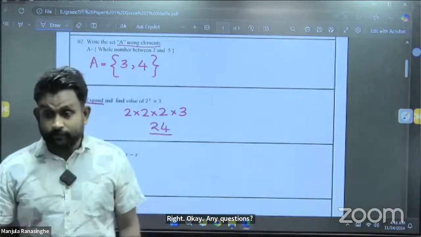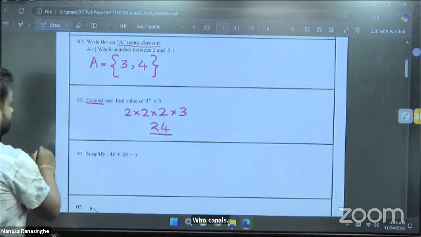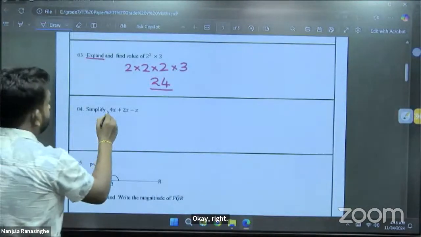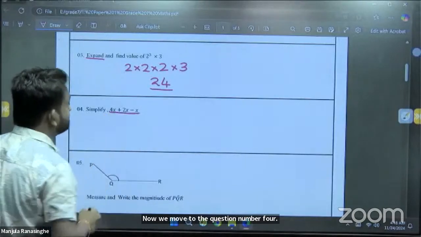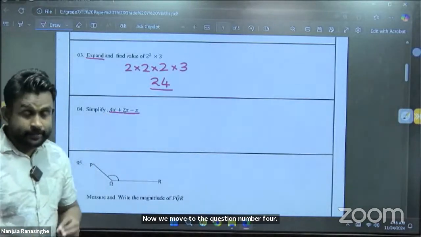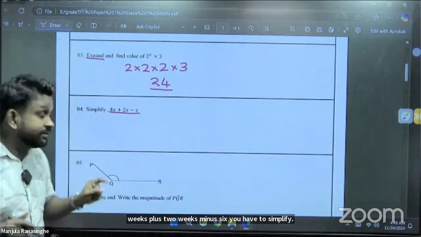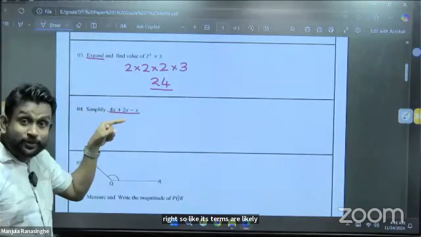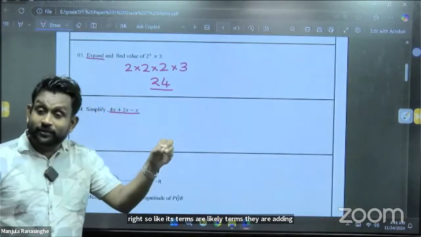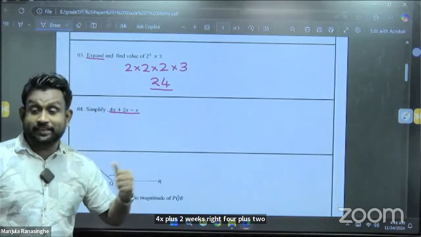Okay, right. Now we move to question number 4. See there, 4x plus 2x minus x, we have to simplify. The x terms are like terms. First adding 4x plus 2x. What is 4 plus 2? 6.